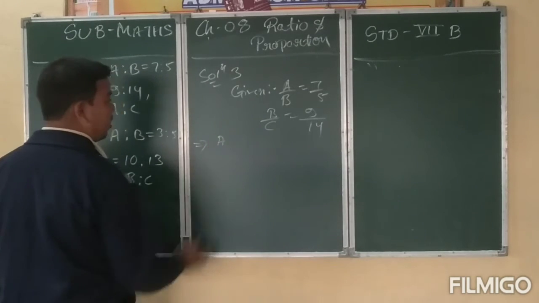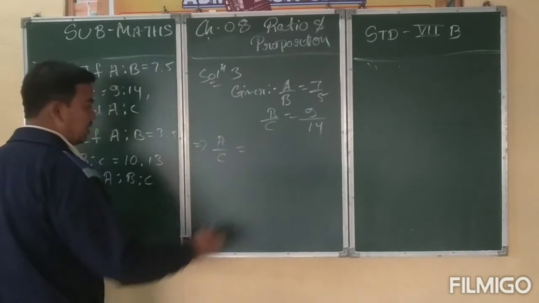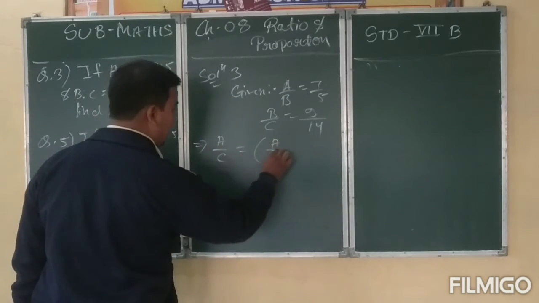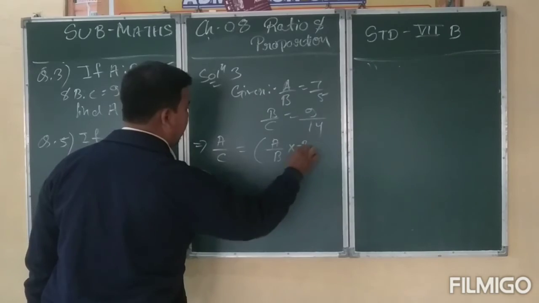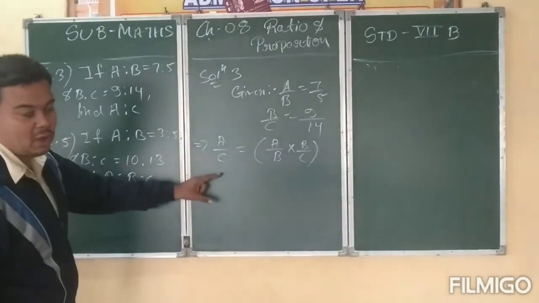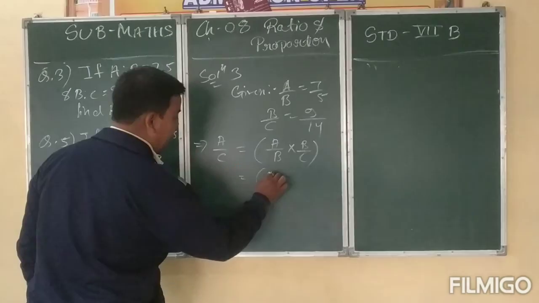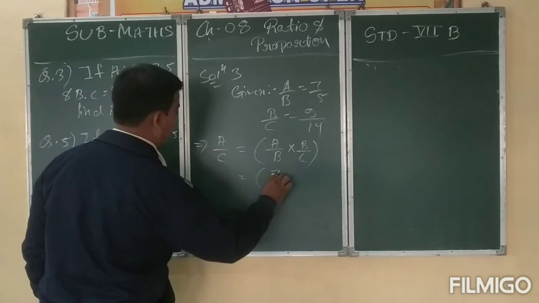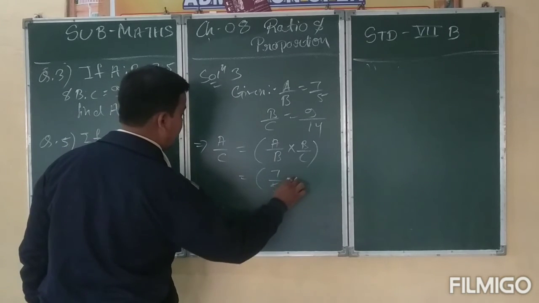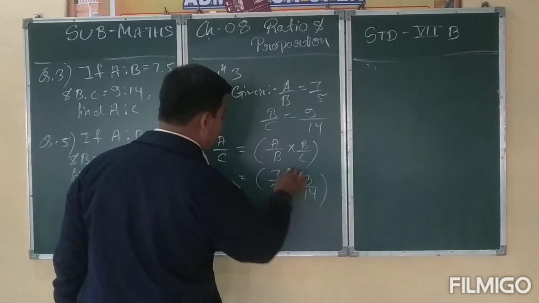So we find A ratio C, meaning A by C is equal to A by B into B by C. Okay, we find the A by C value. So A by B into B by C. Then A value is 7, B value is 5, into B value is 9, and C value is 14.